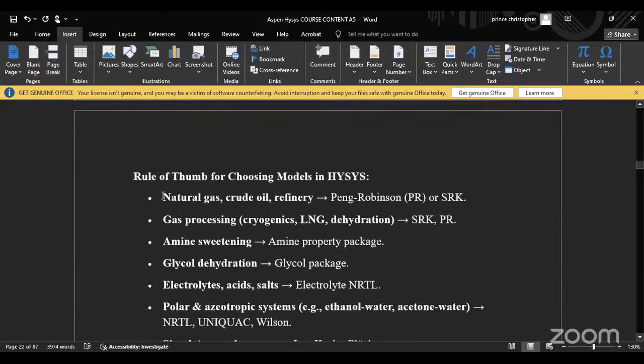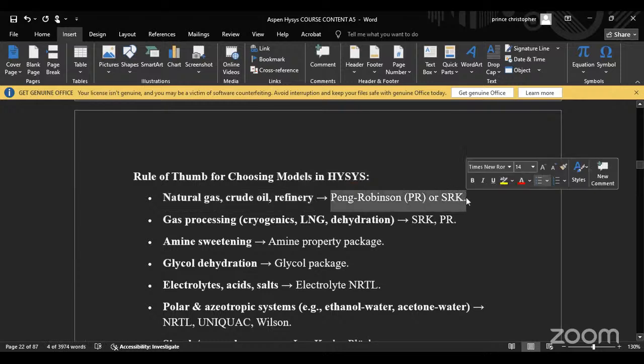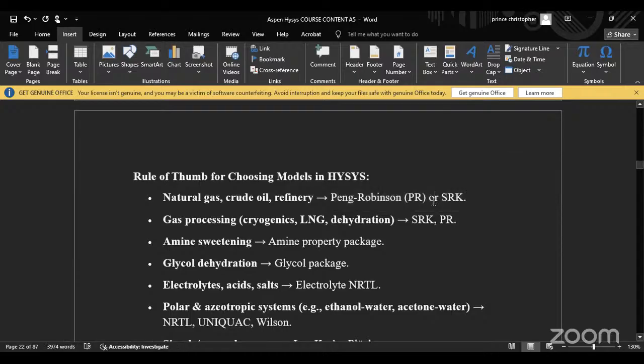When you are working with natural gas, crude oil, and refinery, these are the two thermodynamic models you can go for. In order for you to pick from one of these, you automatically know that SRK is for light crude or light hydrocarbon, and Peng Robinson works best for heavy hydrocarbons.